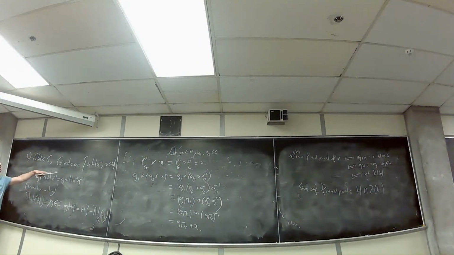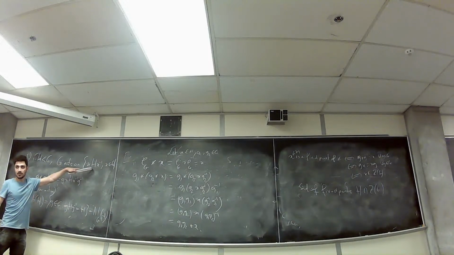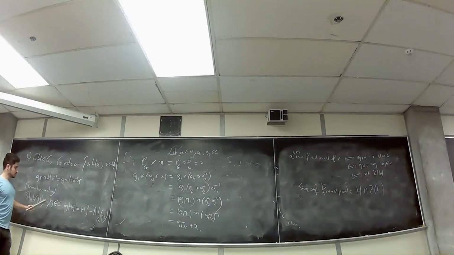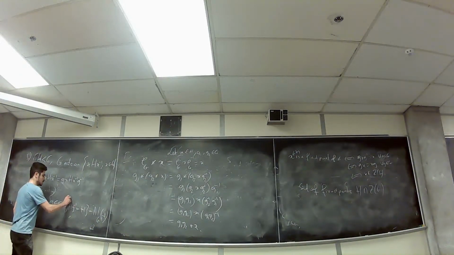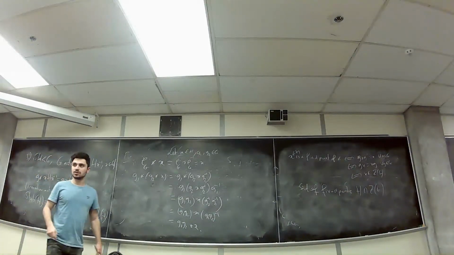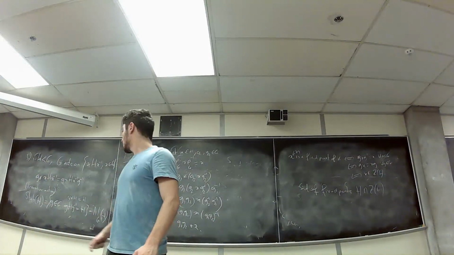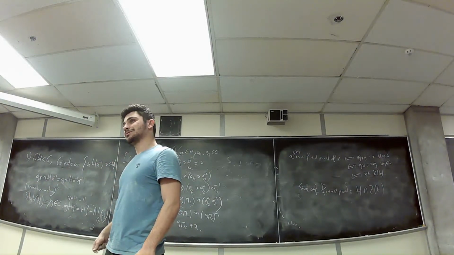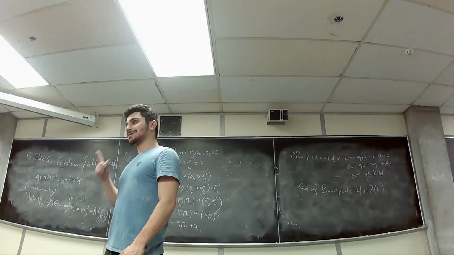What's the stabilizer of the element H of S here? H is an element on which G acts. What's the stabilizer of H? This is just the set of G in G so that G star H is equal to H. But where did the X go? X H X inverse is equal to H. Put X equal 1. Is that clear?